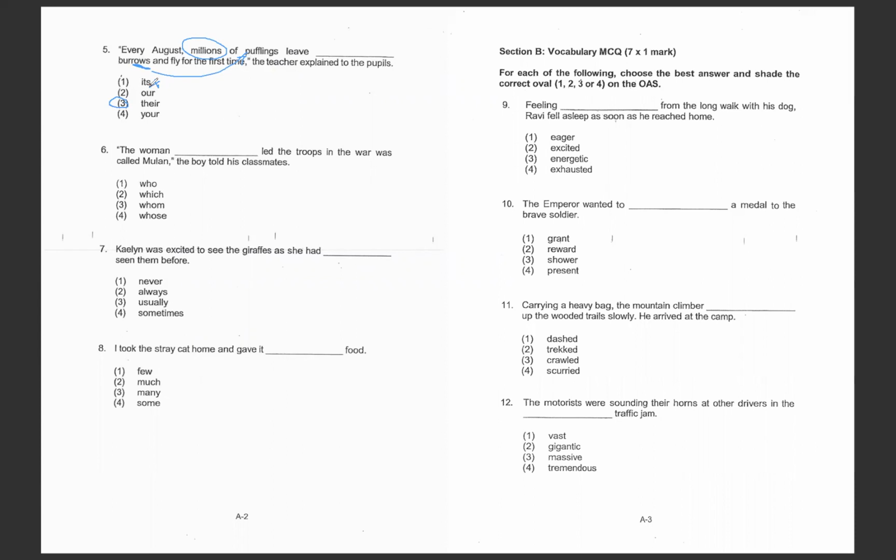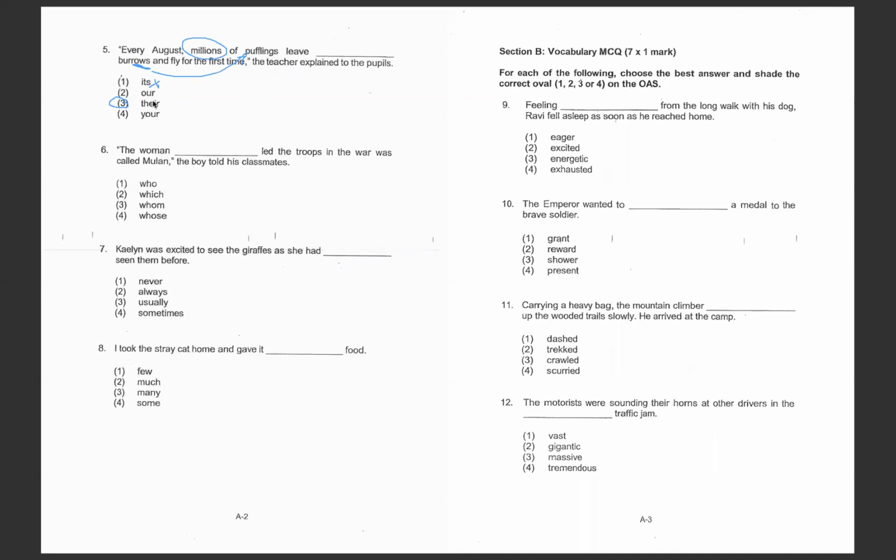"Its" is out because it's not one puffling, it's millions of pufflings. "Its" is only for one, right? Like, the dog is eating its food. And "its" is normally used for non-humans, so objects and animals. And then "your" is your house, your food, not in this case.